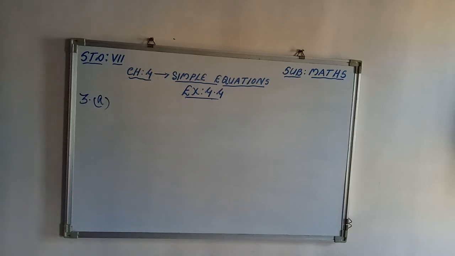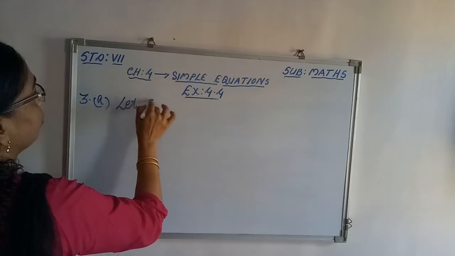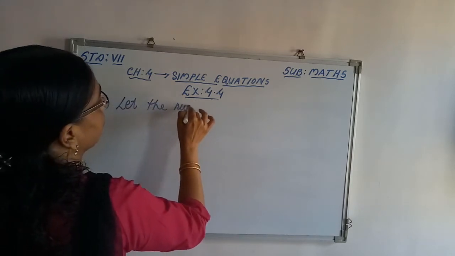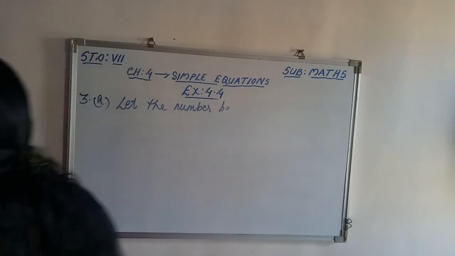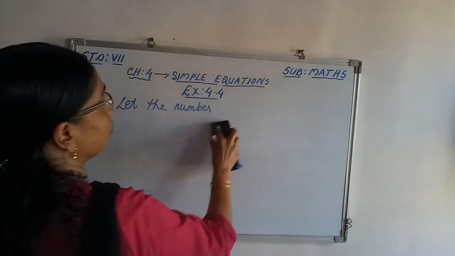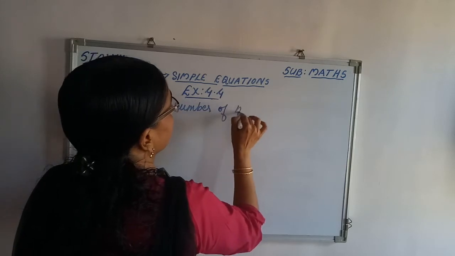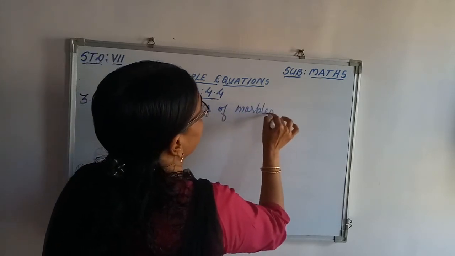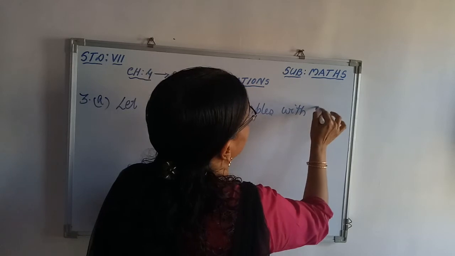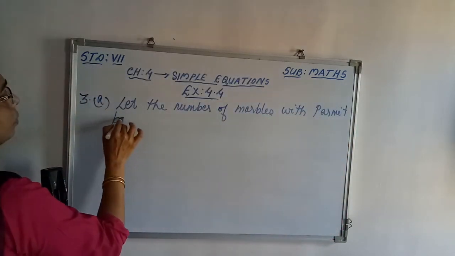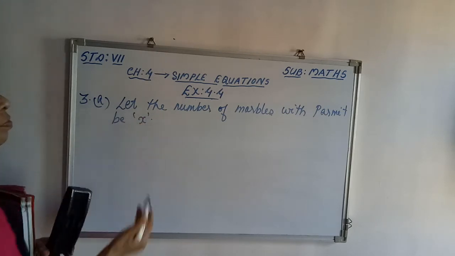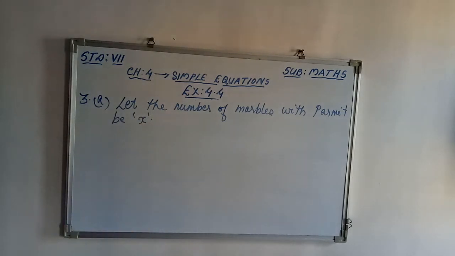So let me write, let the number of marbles with Parmeet be x. I told you, you can use any variable: x, y, m, n, etc. Now, what about the number of marbles with Irfan?